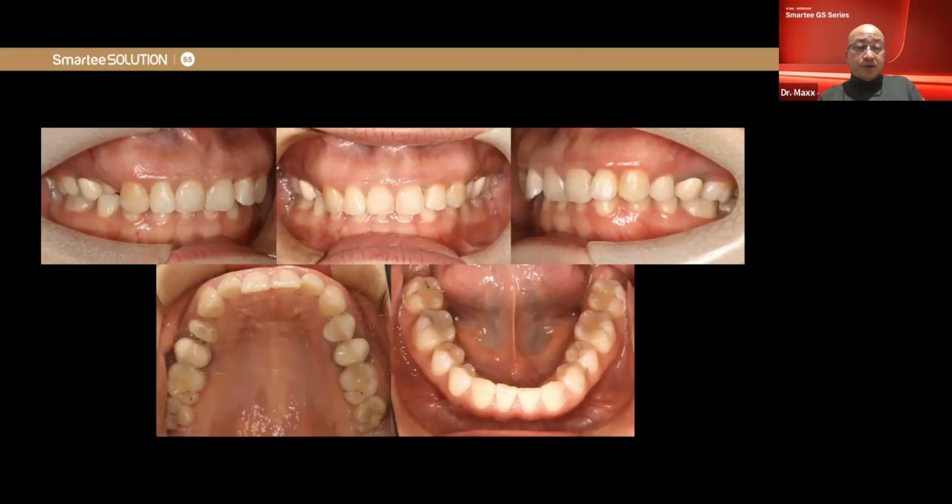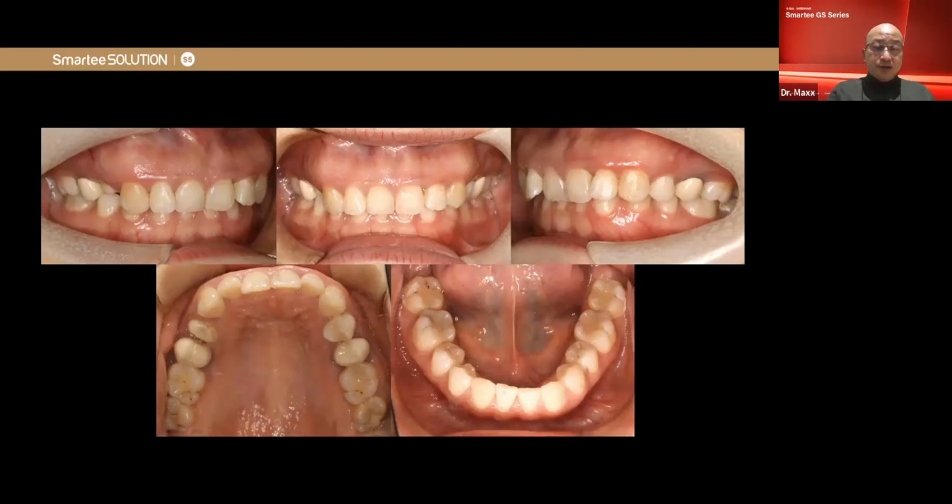The patient had two upper second premolars extracted, and then did braces.